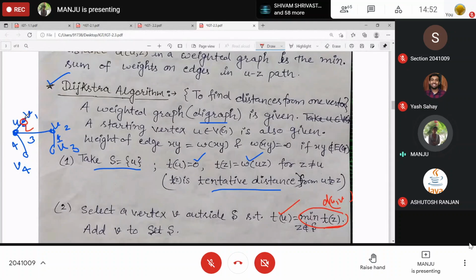For example, v1 is directly adjacent to this one, and you have this as 3. 2 for u to v we have, and you can explore from v1 to all the vertices, and you have v1 to v4 also. 3 you can take, or you can take 2. Or instead of 2 you can take 1. Is it visible what I have done?